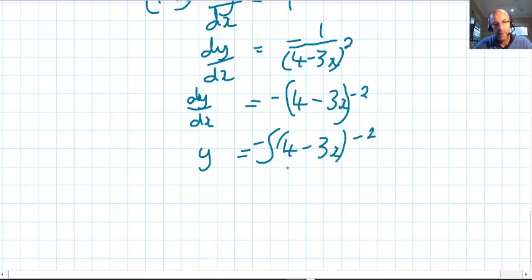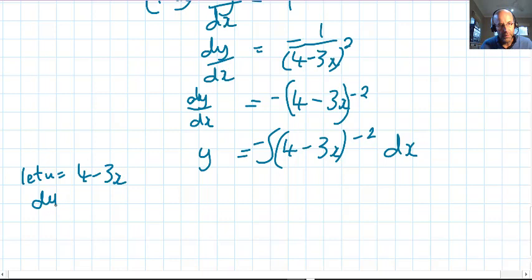Okay, and in a case like this, we can use a u substitution. So let u equal 4 minus 3x, du dx equals negative 3. So dx equals negative du over 3.